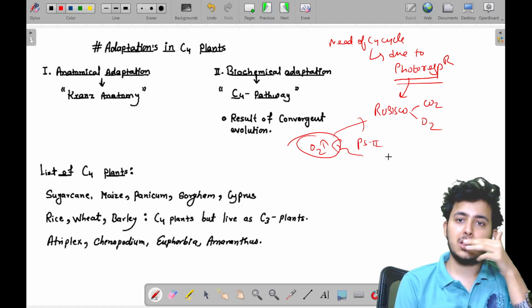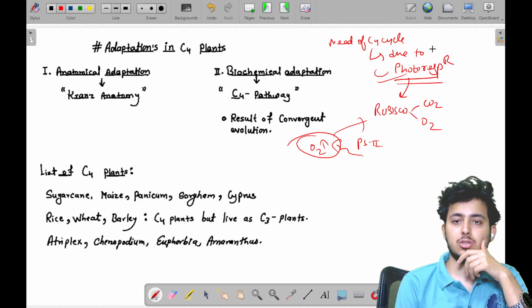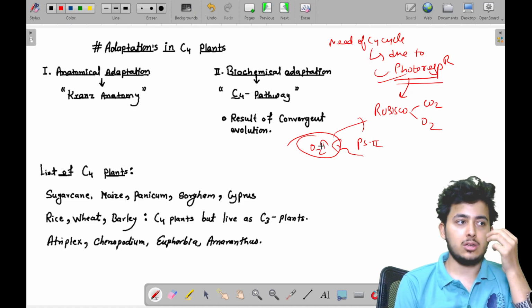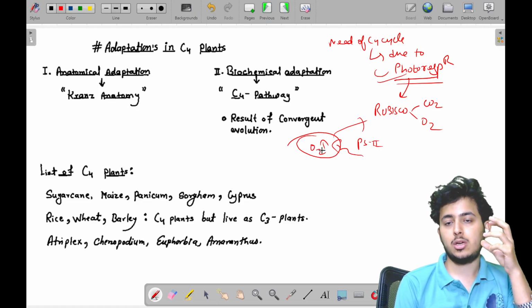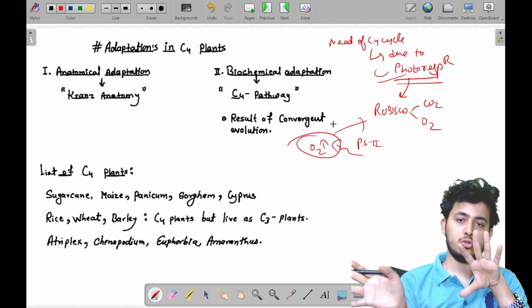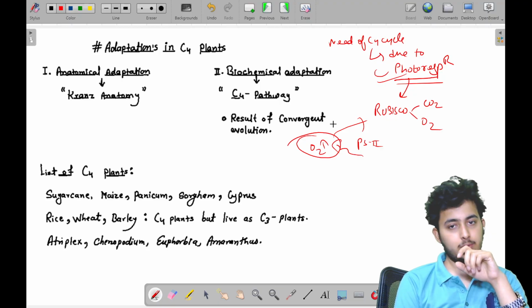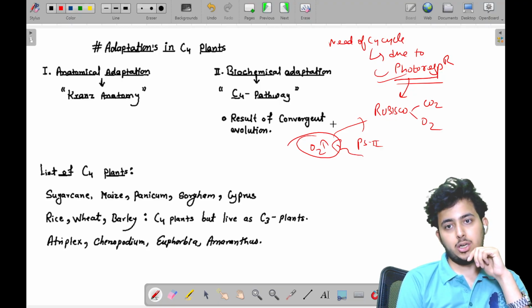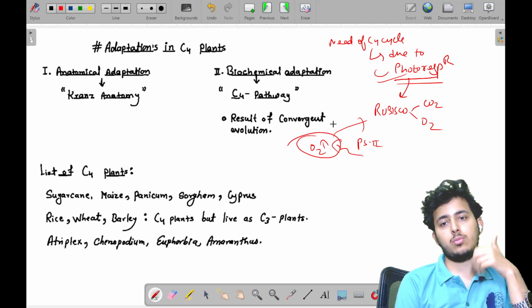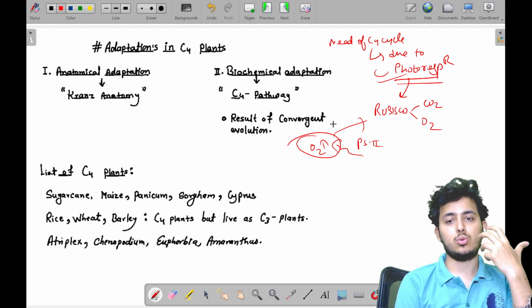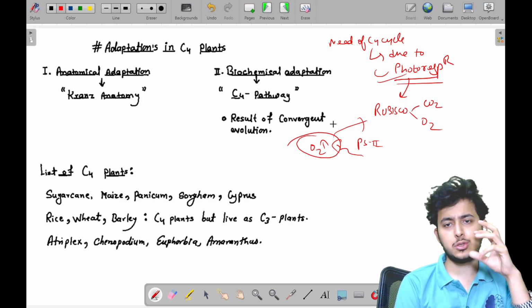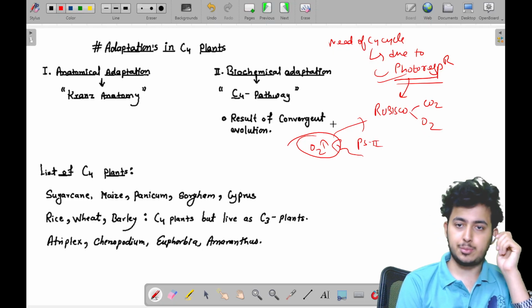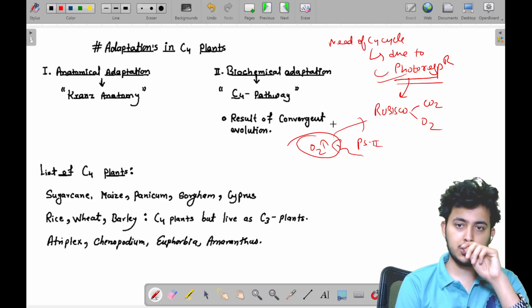That is the major problem with photorespiration: the enzyme is utilized not only for CO2 but for oxygen also, because of which the plant is not able to fix CO2 efficiently. The efficiency of CO2 fixation is not 100% because of photorespiration.